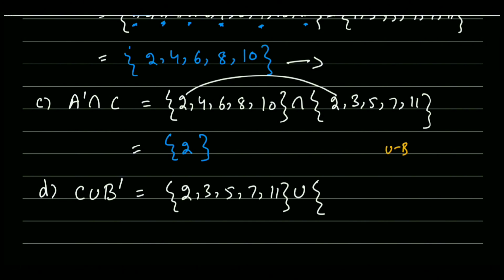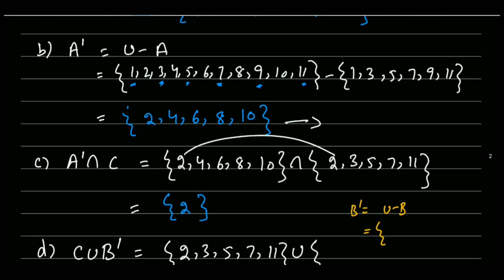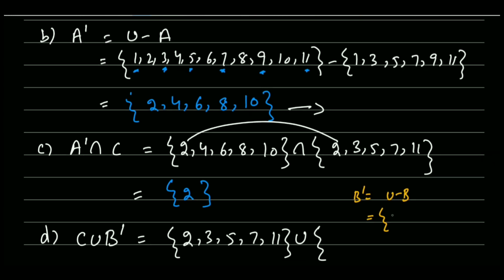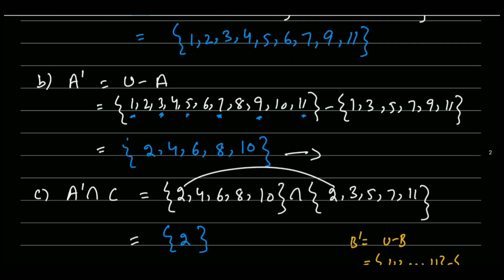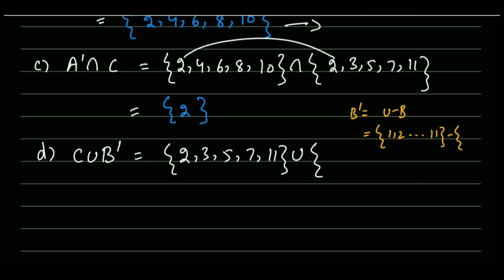U is 1 to 11, minus B. B is 1, 2, 3, 4 and 6.